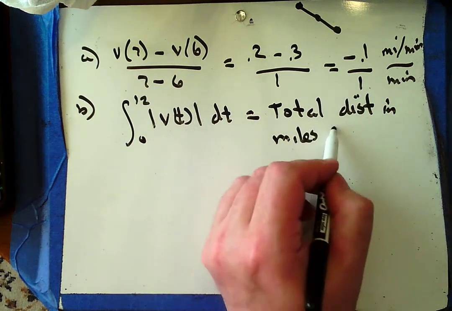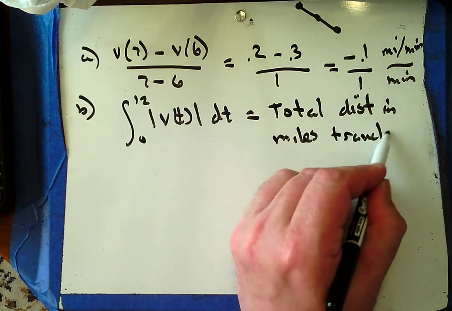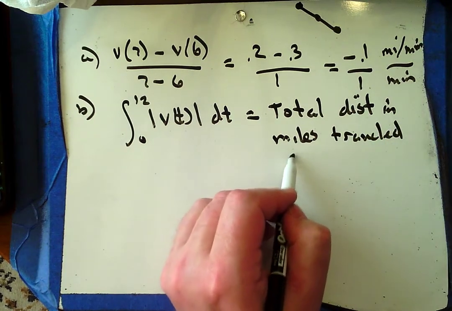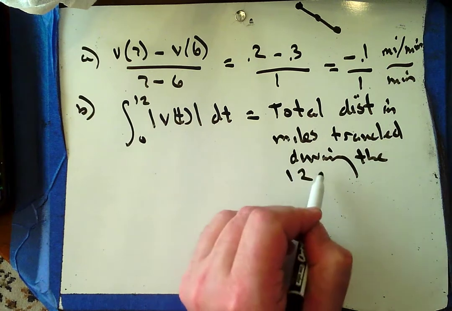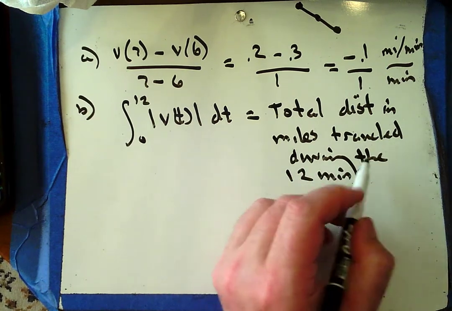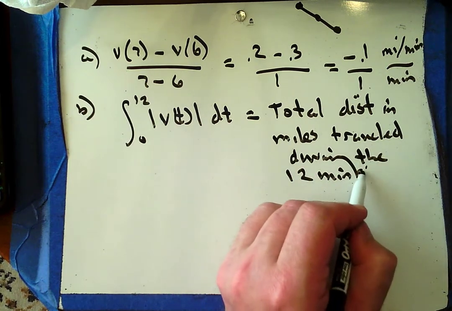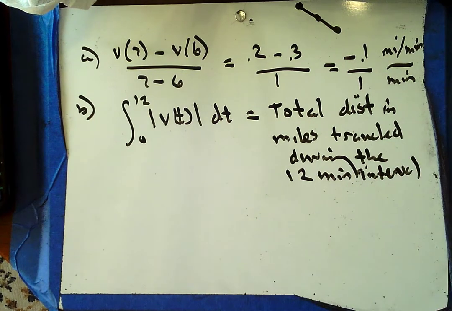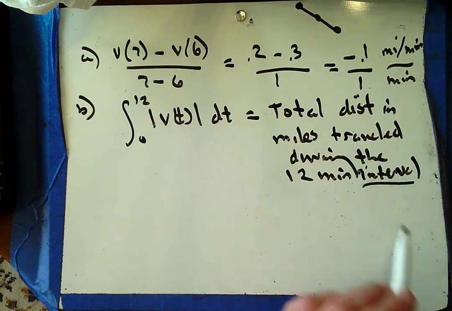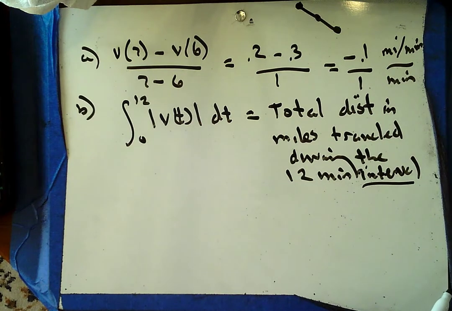Total distance in miles traveled during the 12-minute interval. I don't want to use a word like trip or bike to school because she started biking to school and then she stopped and went back home. So I'm just going to be a little vague and say that during the 12-minute interval.